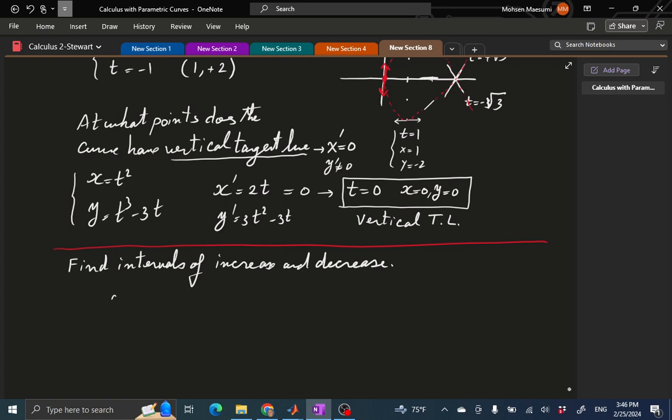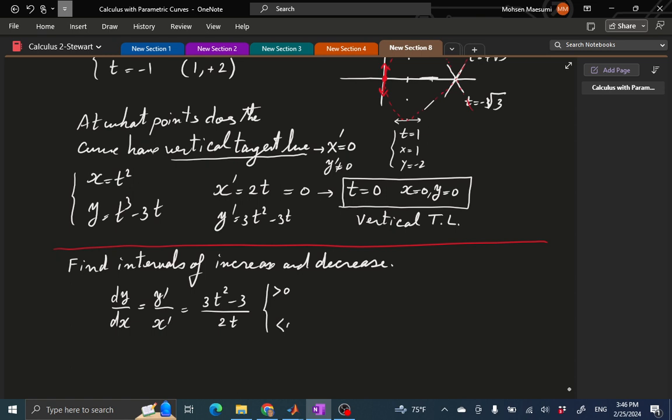So I say, well, dy/dx, as we had it, was y prime over x prime, and that is 3t squared minus 3 over 2t. If this thing is positive, in that locality, y increases when x increases.